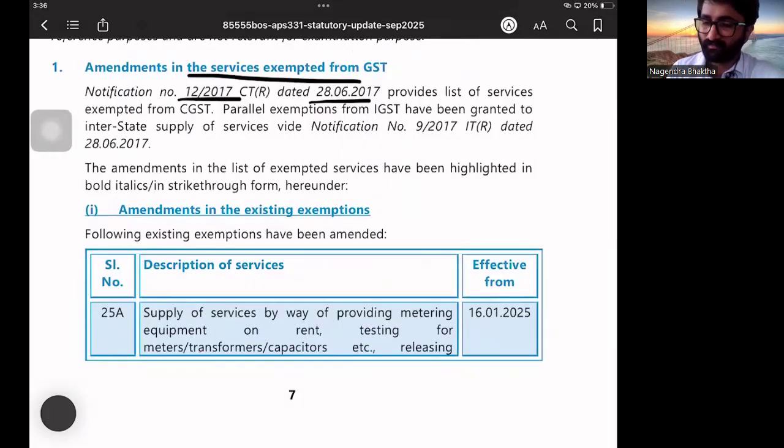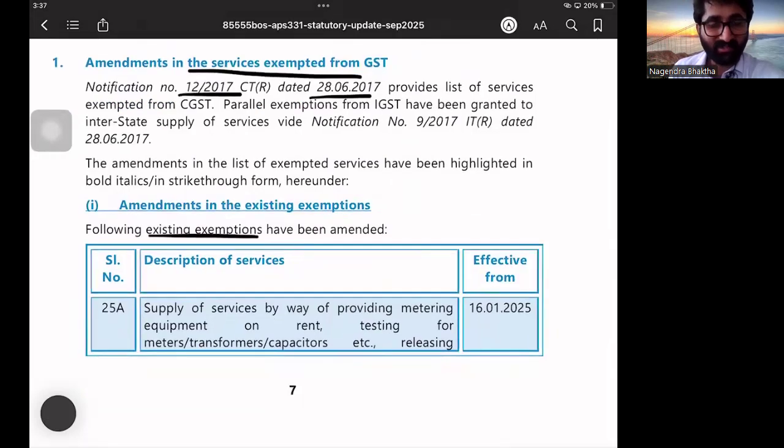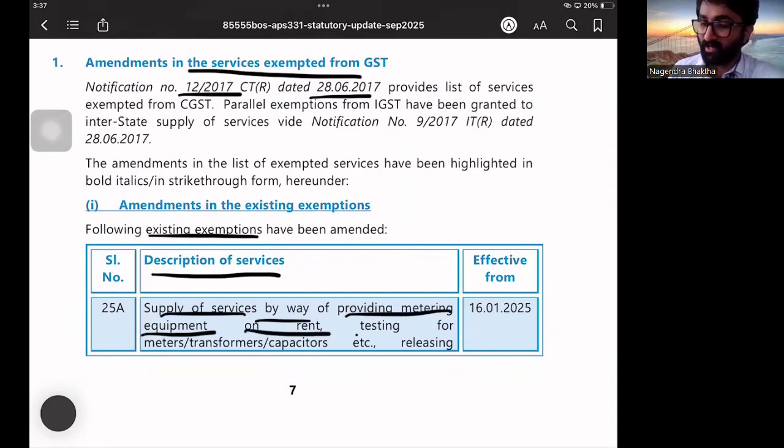So, the following existing exemptions have been amended. First exemption, description of the service: supply of services by way of providing metering equipment on rent, or testing for meter transformers or capacitors, etc. Now, these linemen climb the electric pole and use some metering equipment.